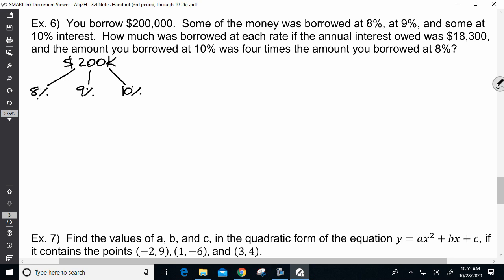So 8% is X, 9% is Y, 10% is Z. Make it very easy for yourself. So you borrowed $200,000 and you put it in those accounts. So one of your equations is pretty simple. X plus Y plus Z is equal to 200,000. One of them is very simple.